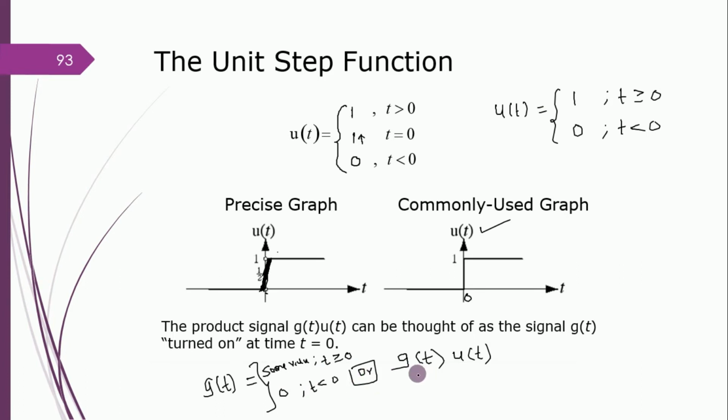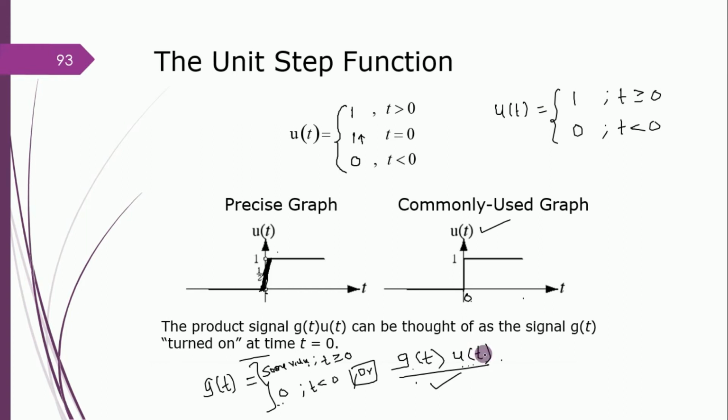G of t into u of t means u of t has value 1 at t greater than or equal to 0. So if I multiply it with g of t, wherever u of t is 0, g of t goes to 0. Wherever g of t has some value, I'm multiplying it with 1. So this is the trick that we use. This is how we reduce our writing effort. I hope this is clear to you.